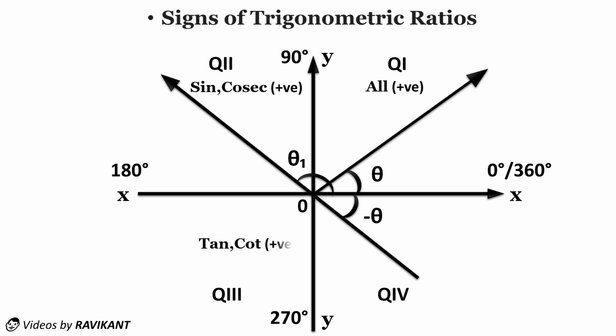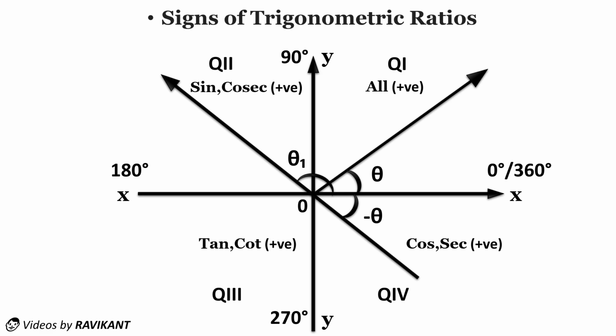In the third quadrant, only tan and cot will be positive. Means other trigonometric ratios will be negative except tan and cot. And in the fourth quadrant, only cos and sec will be positive and other trigonometric ratios will be negative. So we have distributed the trigonometric ratios on the basis of their sign changes in the four quadrants.